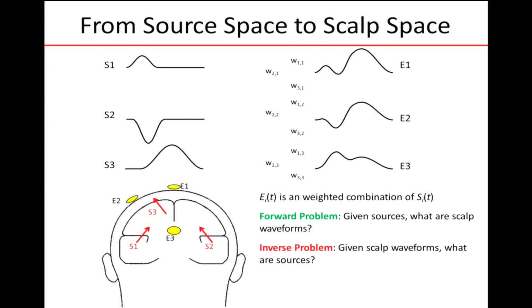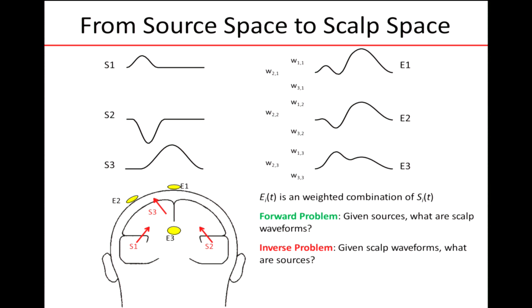So, now let us go back and look from the other direction. We talked a lot about how activity at any electrode is a mixture of activities of many sources. Take a very simple example here. This is the head scalp and this is a very simplistic brain. Here there are three sources with three different dipole orientations, and you have three electrodes, E1, E2 and E3.